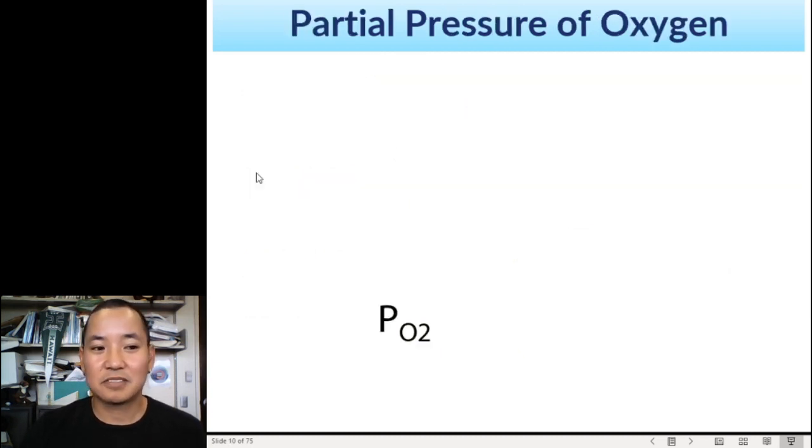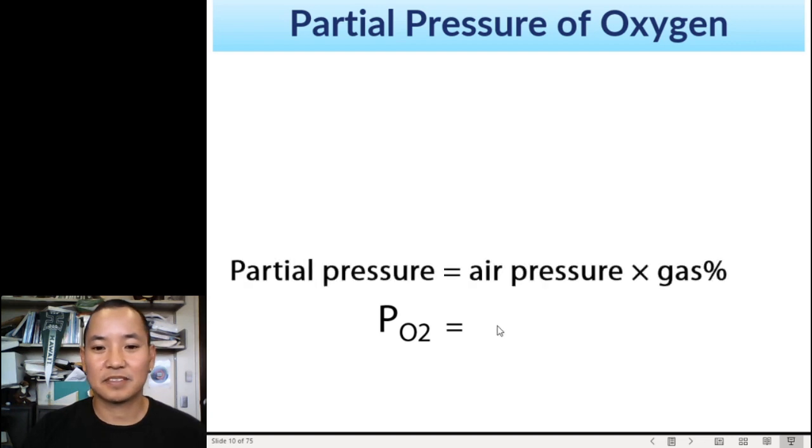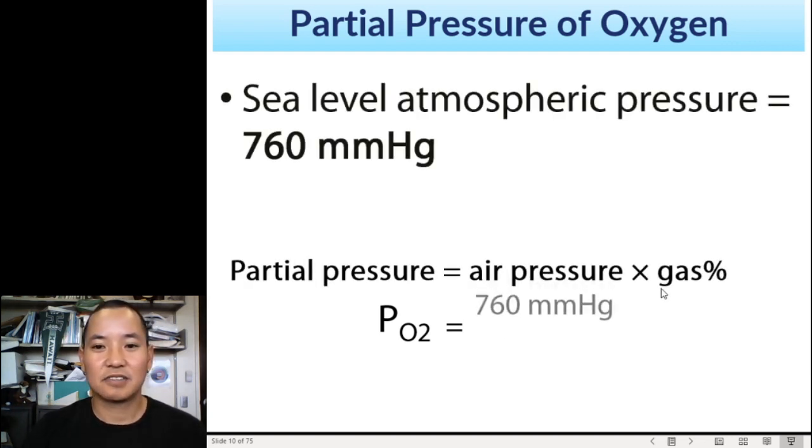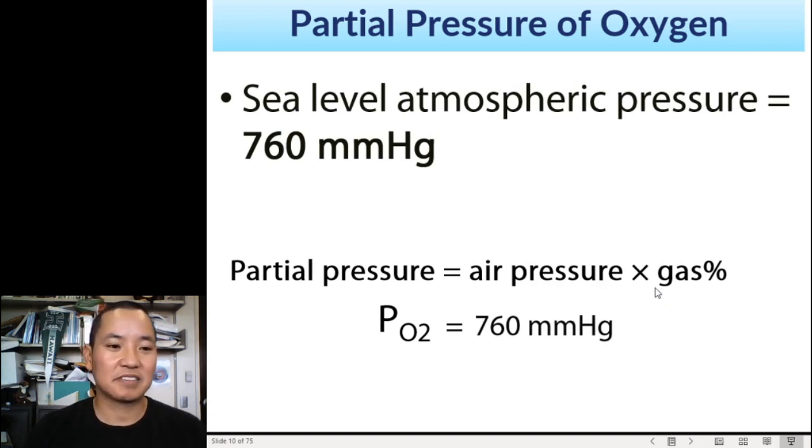Okay, so let's do examples. Partial pressure of oxygen. So we're only talking about oxygen. Again, you have all the other gases in air, but let's talk about oxygen just by itself. So how do you calculate it? Again, it's air pressure times the mole fraction. At sea level, it's about 760 millimeters mercury. Again, don't get hung up about the unit of pressure. How much percentage of our air is oxygen?